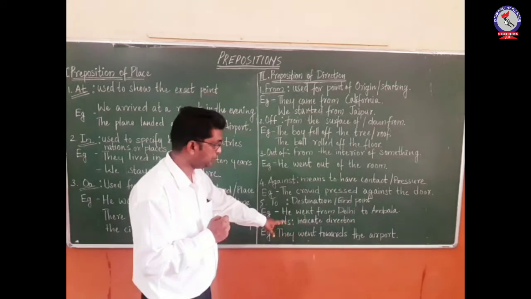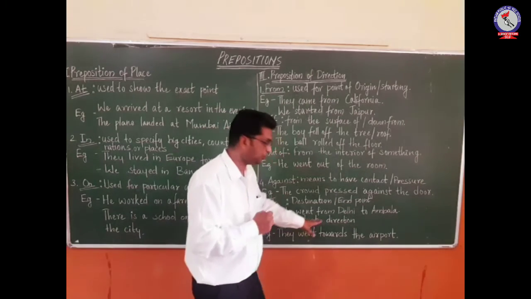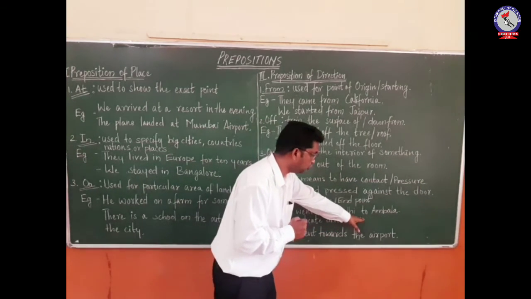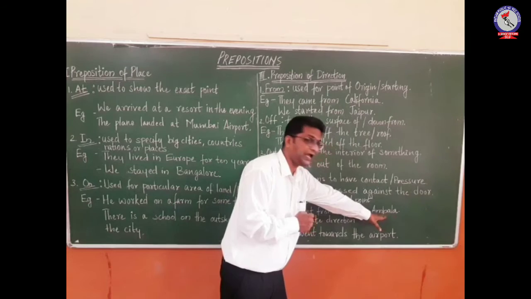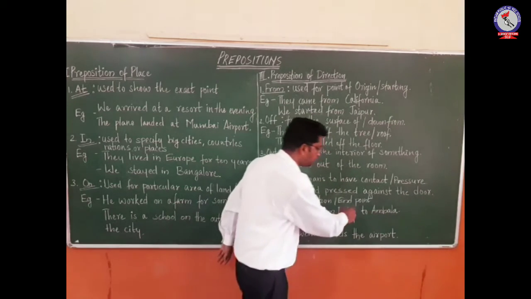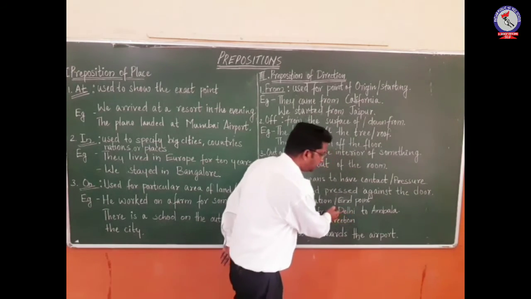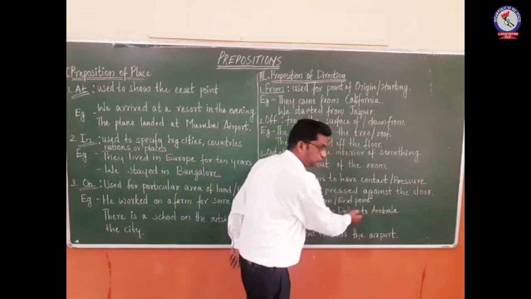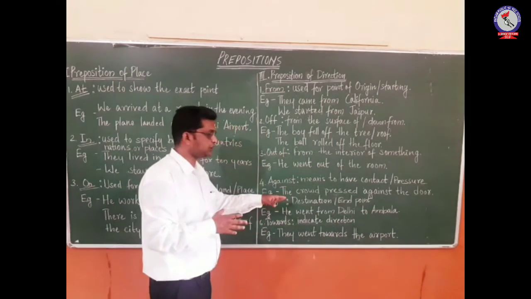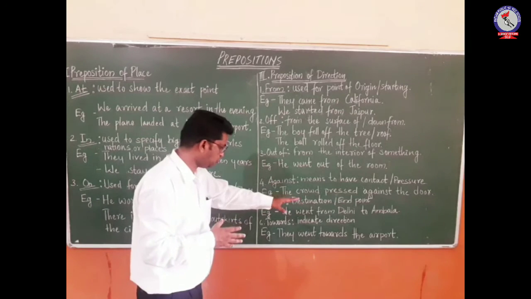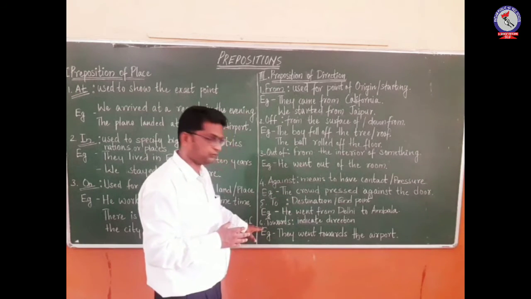See the destination here. He started his journey from Delhi to Ambala. Ambala is the end point. So we have used to in between the starting and the ending. So to show the destination we will use to and towards.